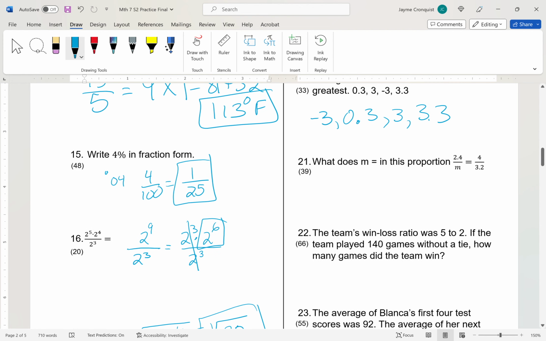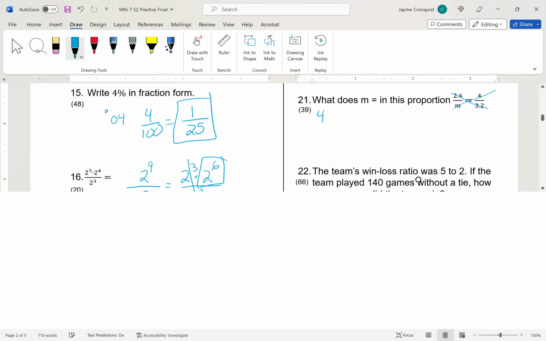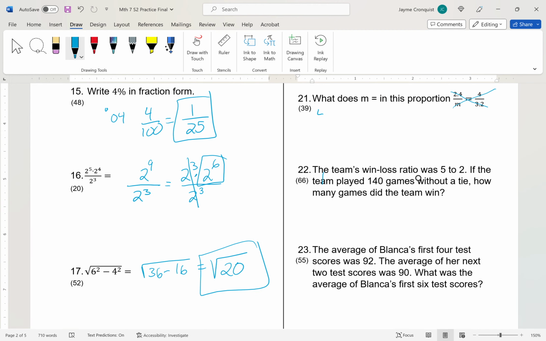Alright, what does n equal in this proportion? Alright, so we multiply and we multiply. I don't know if you can see what you do to 4 to get 2.4. It's confusing. You have to multiply by 0.6. So we have 4n equals 2.4 times 3.2.